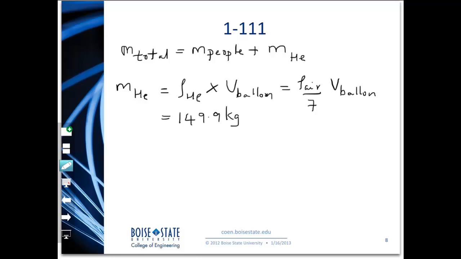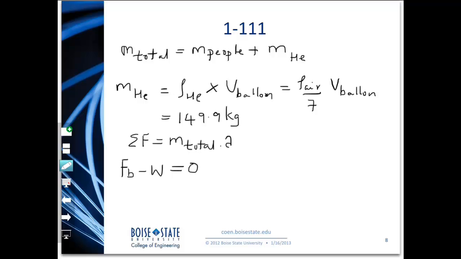149.9 kilograms, okay? And then for the maximum amount of load, at that point your balloon won't be going up, it's not accelerating. In general, Newton's second law says the sum of the forces should be equal to mass times acceleration. In this case, the sum of forces from your free body diagram will give you Fb minus W equal to 0.